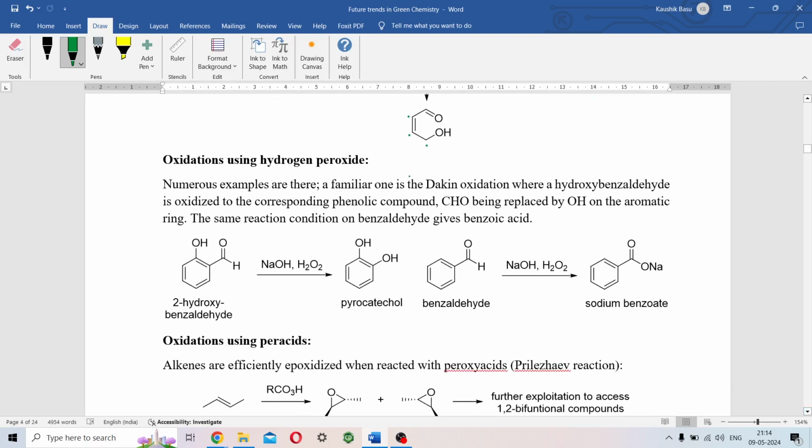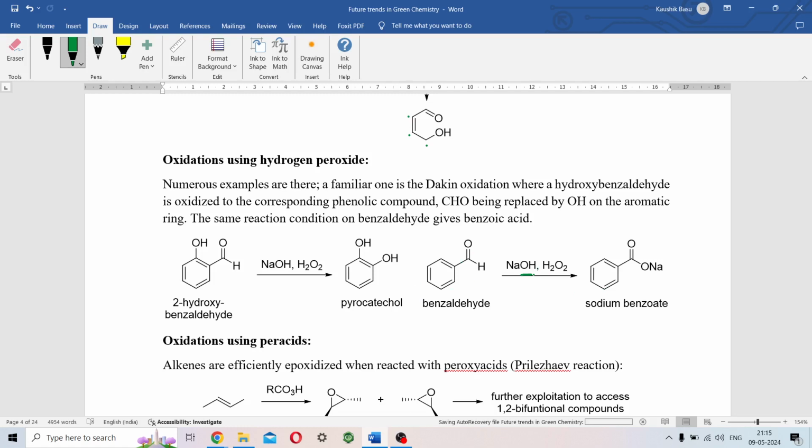Now hydrogen peroxide you are also very much familiar with, at least in one name reaction you have seen this oxidant at work, and that's the Dakin oxidation, where a hydroxybenzaldehyde such as orthohydroxybenzaldehyde, that's salicylaldehyde, or a benzaldehyde, you can oxidize them. If you start with benzaldehyde, it's just a simple oxidation of benzaldehyde to benzoic acid.